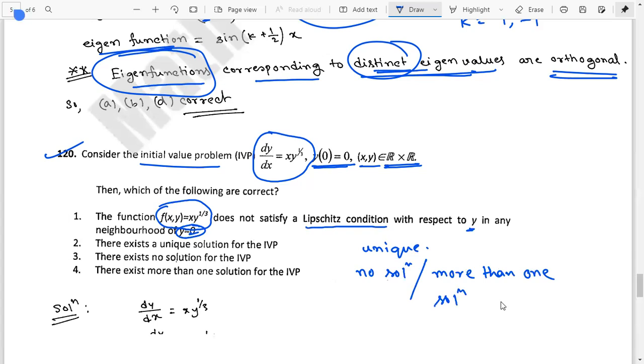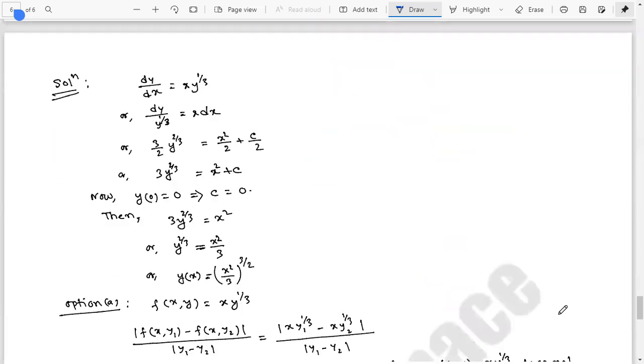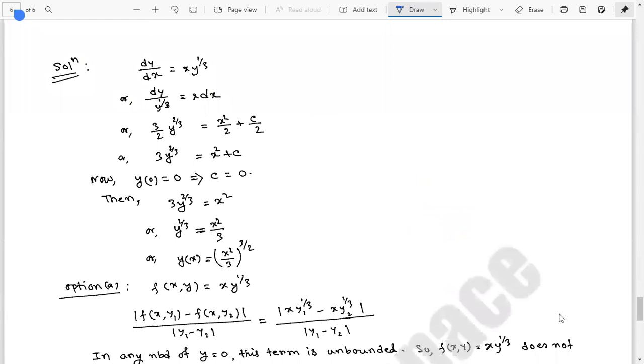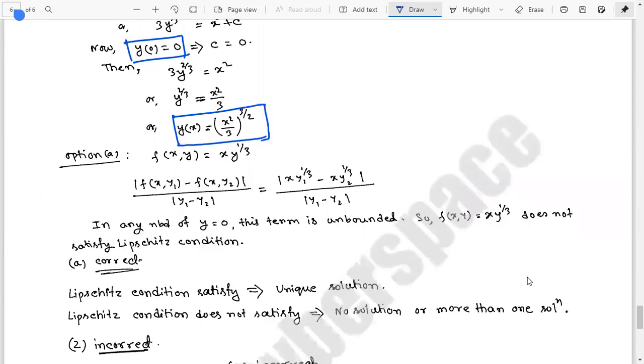So basically we have to check the Lipschitz property. If we solve this equation dy/dx equals x y to the power 1/3 using the initial condition, we get y(x) equals (x square by 3) whole to the power 3/2. Now the given function is f(x,y) equals x y to the power 1/3. By the Lipschitz property, we consider mod of f(x,y1) minus f(x,y2) by mod of y1 minus y2.